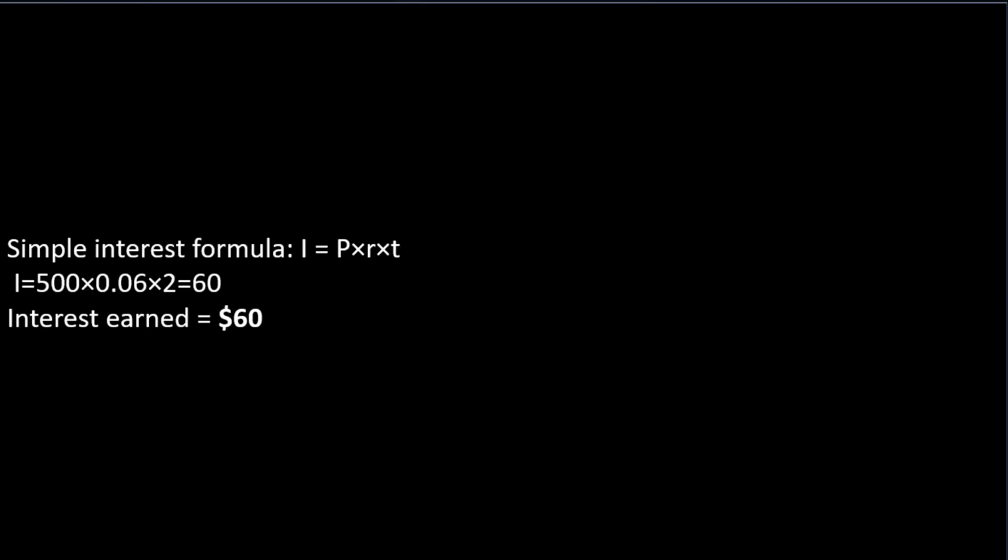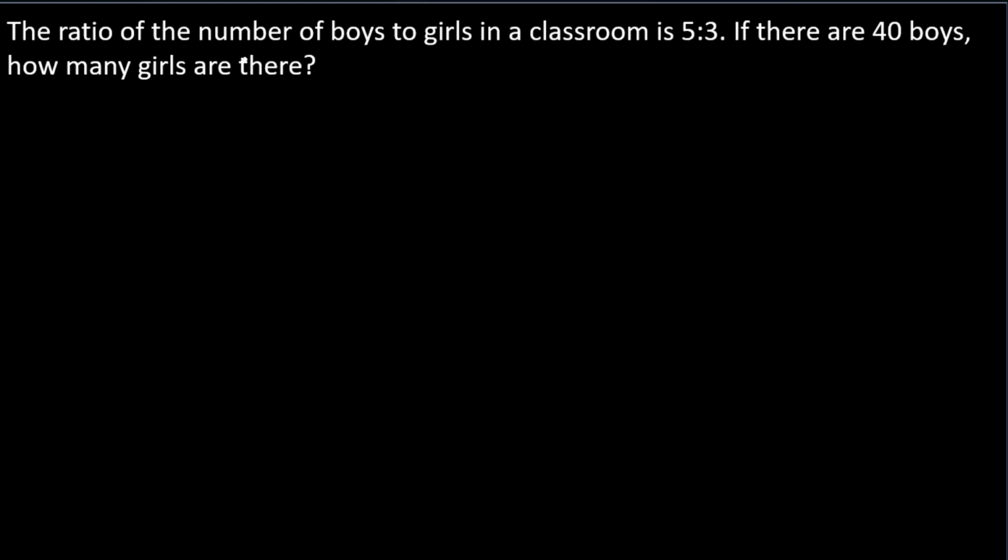Now come to another problem. The ratio of the number of boys to girls in a classroom is 5 to 3. If there are 40 boys, how many girls are there? Let the number of girls be x. Sorry, it's a mistake. We need to solve it this way.